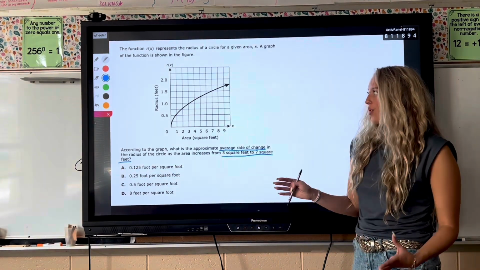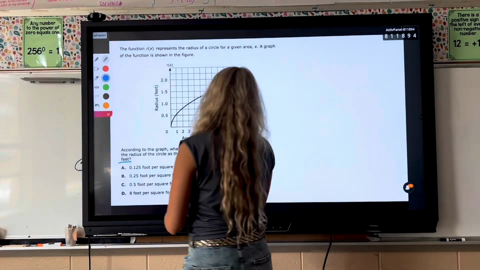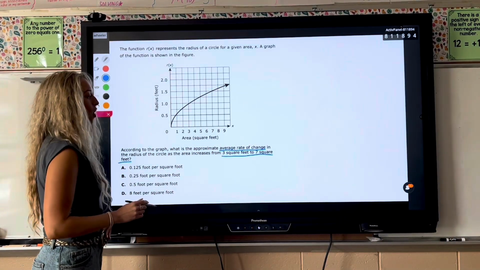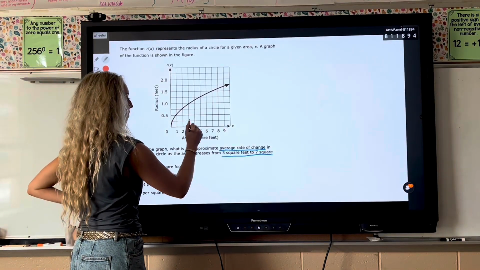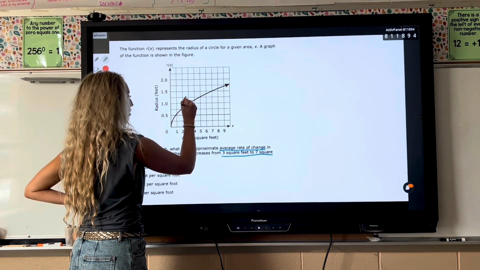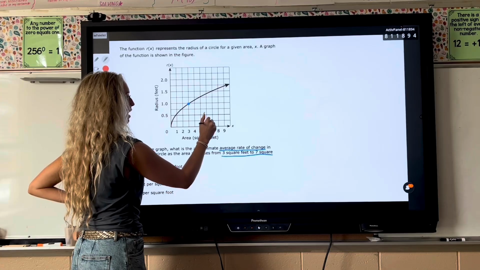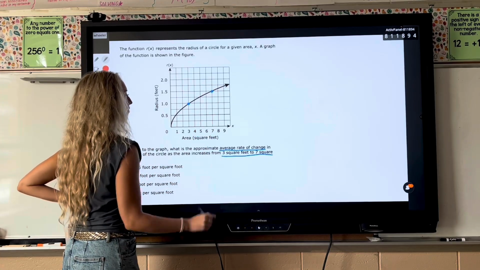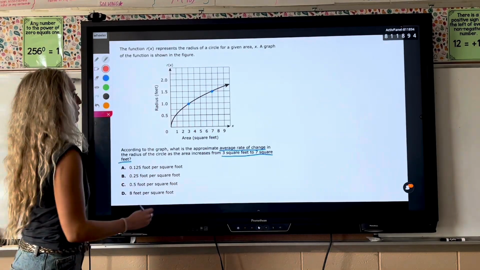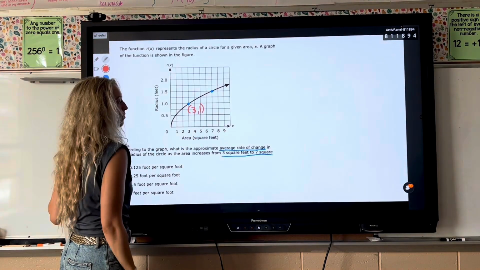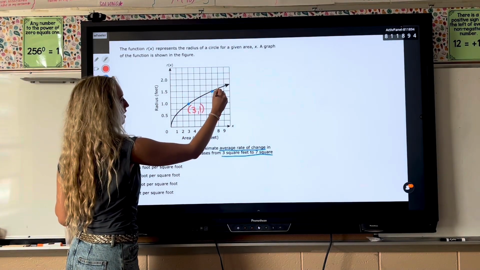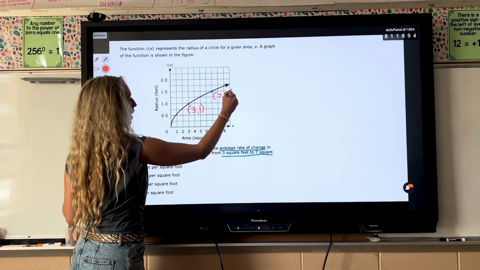All right, so looking at our graph, the x-axis is talking about the area in square feet. So looking here, this is where it is 3, and we want it going to 7. When I look at the points for that, I've got (3, 1) and I've got (7, 1.5).